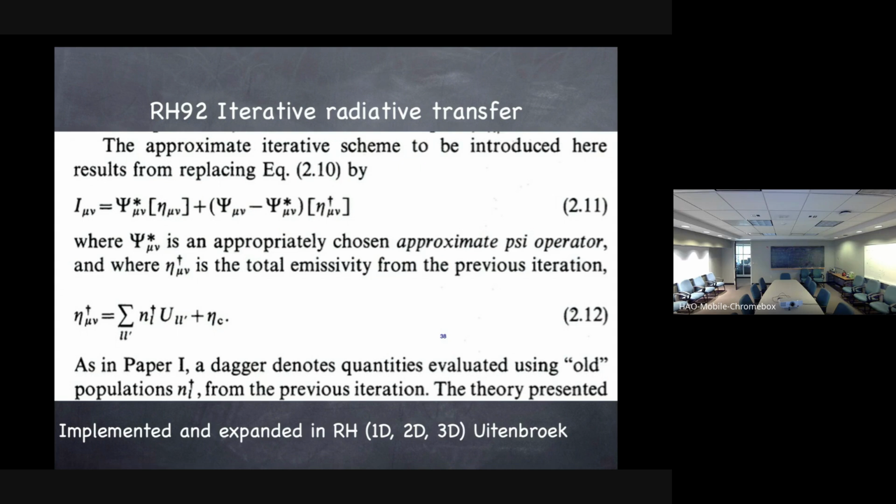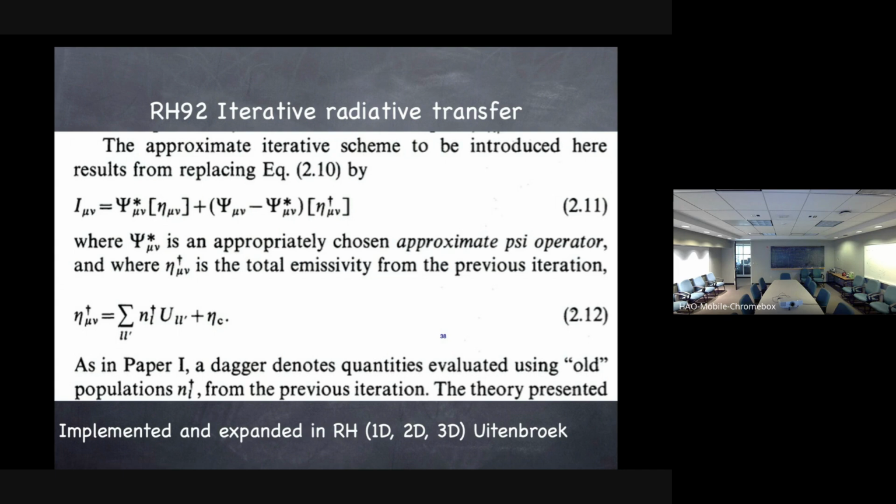So basically what RH does is it takes a 1, 2, or 3D atmosphere, implements RH 92, and then Rabi and Harma, and then gets you a consistent solution for the photon distribution functions for the thermal structure in the atmosphere. Okay, that's what's done.